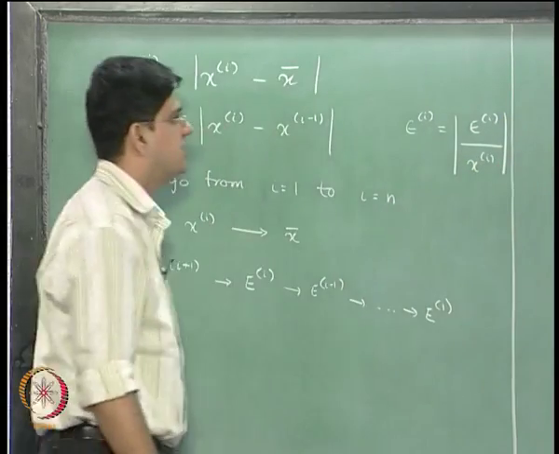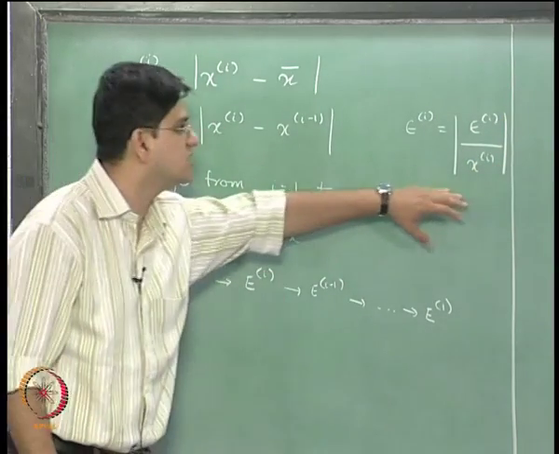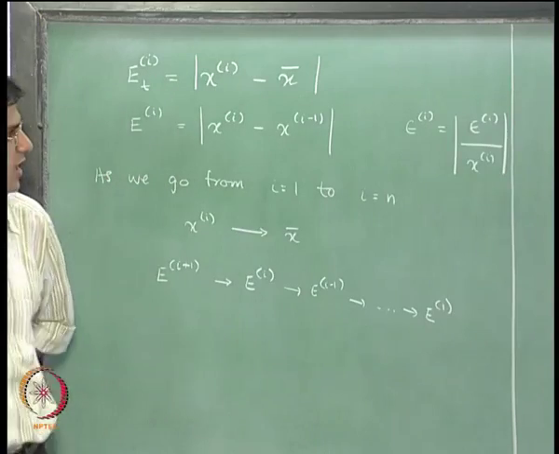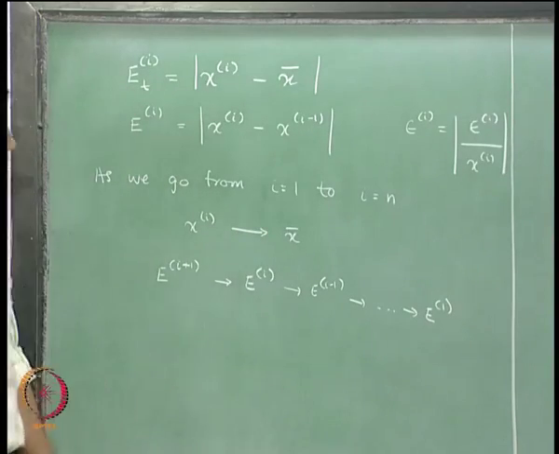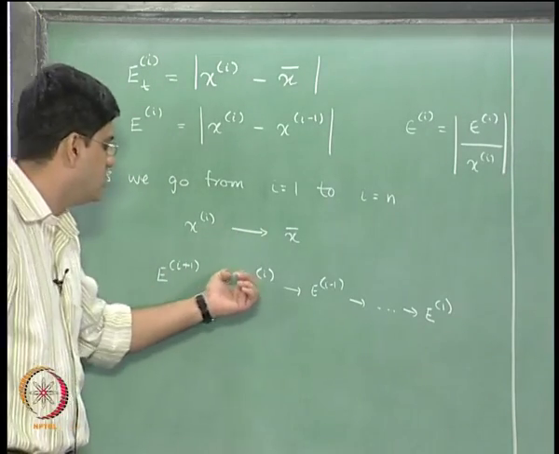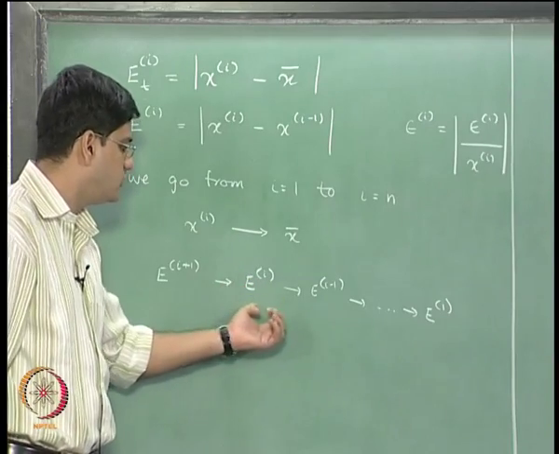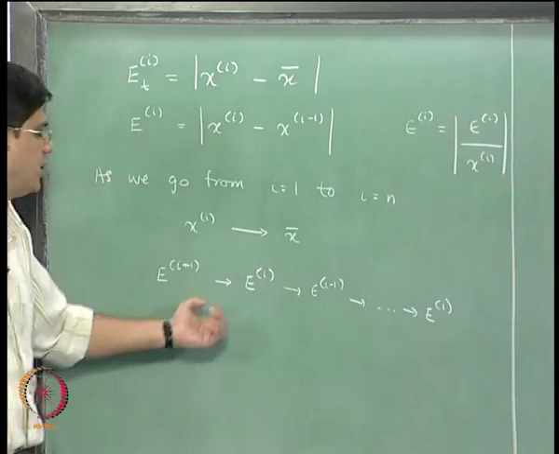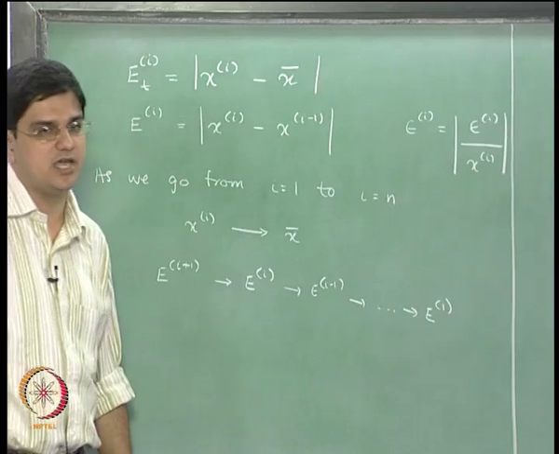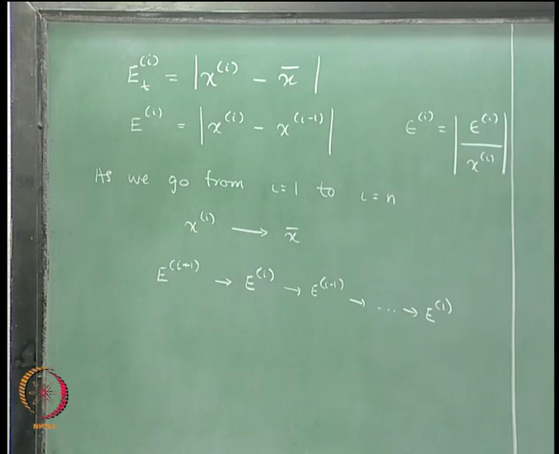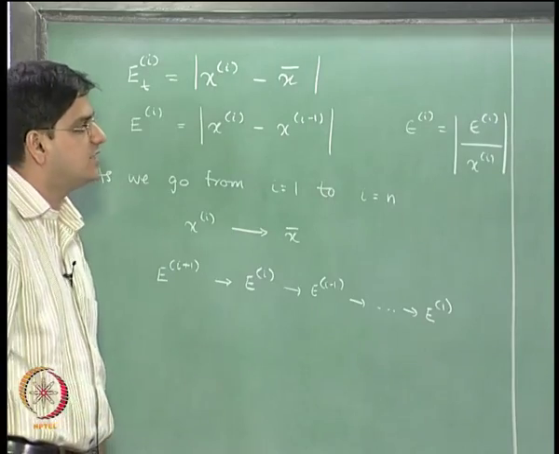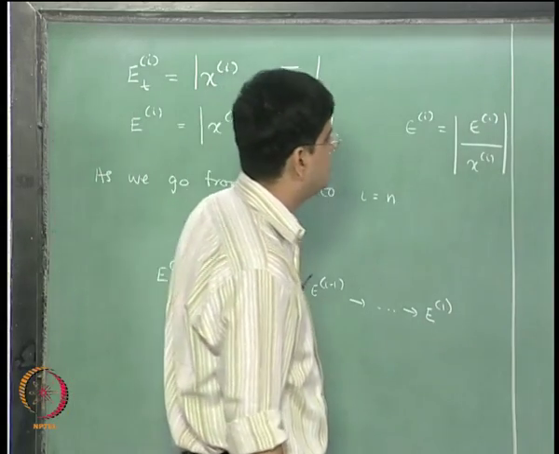Again, these error concepts were considered earlier in module 2. So for all these methods we are going to look at how ei plus 1 depends on ei. That is essentially what we are interested in doing. Now let us take the bisection method example.